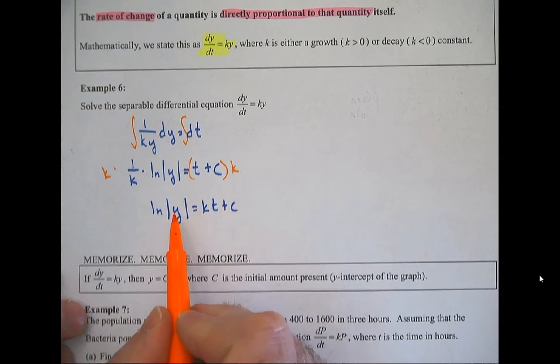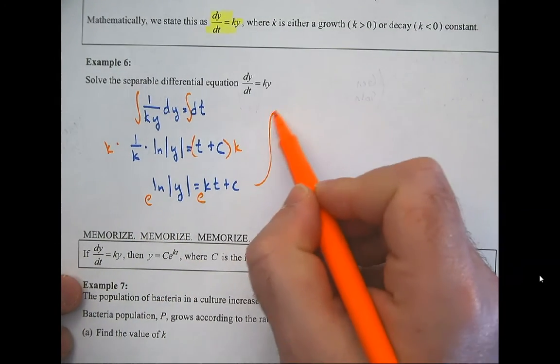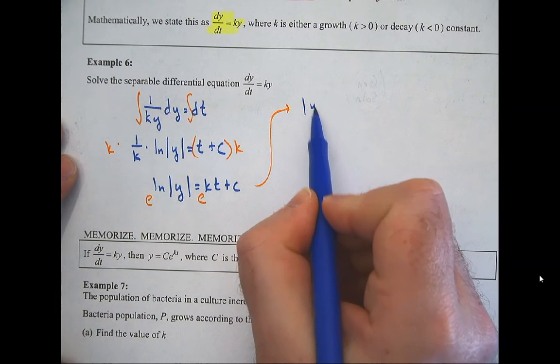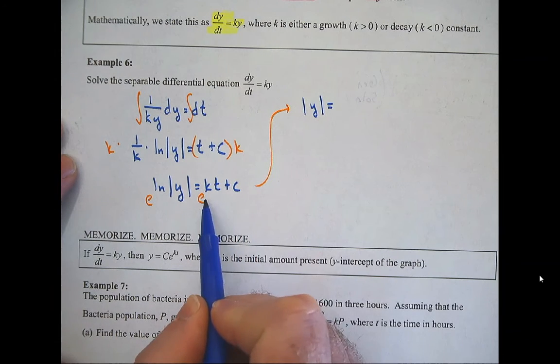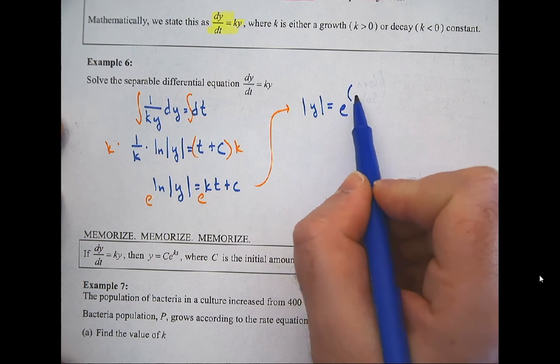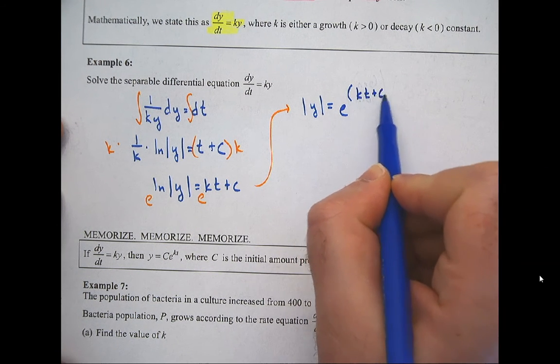To get rid of the natural log, I'm going to raise e to the power of both sides. So this now looks like e to the natural log cancels, so we get absolute y equals e to the (kt plus c).